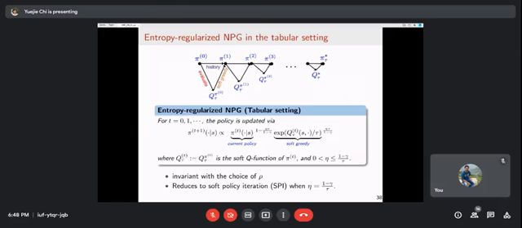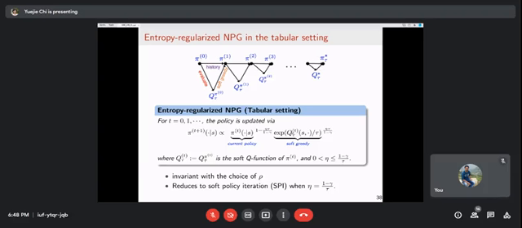Now again, if you look at just the tabular setting, you can actually rewrite the update rule directly over the policy space, where you see the policy is essentially being updated as this multiplicative combination between your current policy and the soft gradient version of the value function of your current policy.